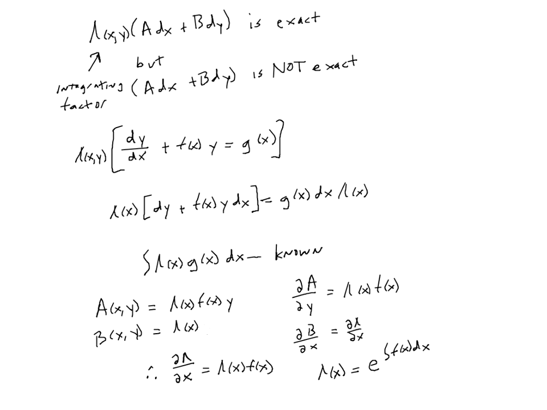If you take a derivative of this lambda term, the term in the exponential gets spit out, and you end up getting the derivative of the term in the exponential, which is just f of x, multiplied by e to the integral of f of x, and that's just going to give you a lambda term there.